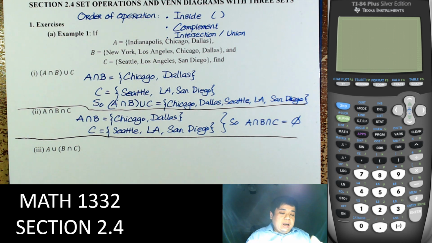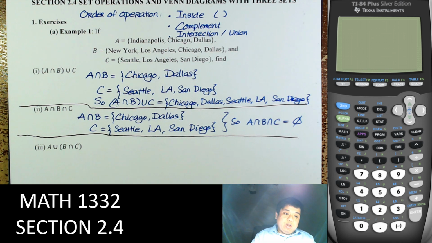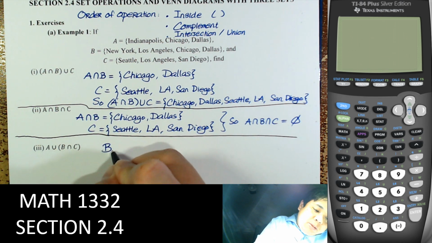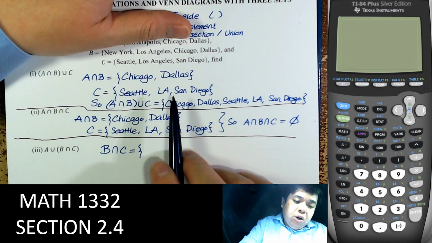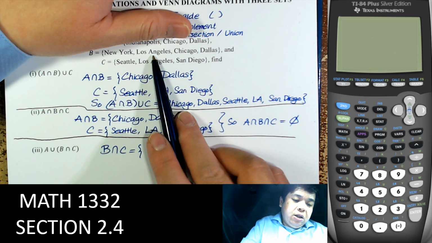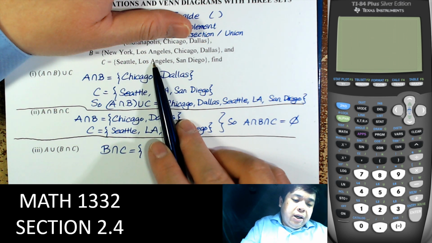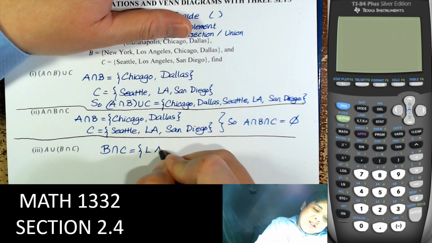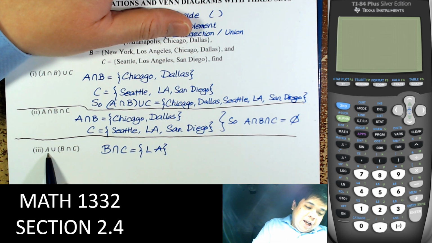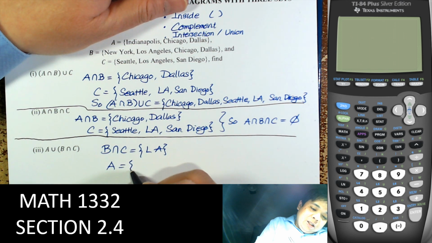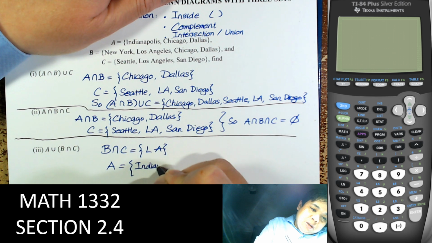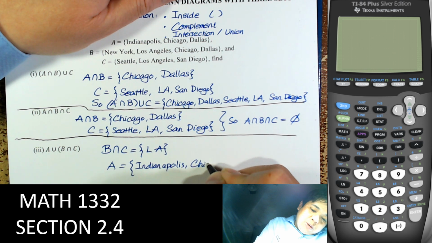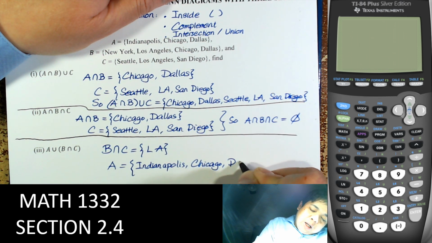Right. Next, A union with B intersect C, so we have to do inside parentheses first. What do B and C have in common? We have LA, and that's it. And then A is Indianapolis, Chicago, and Dallas.